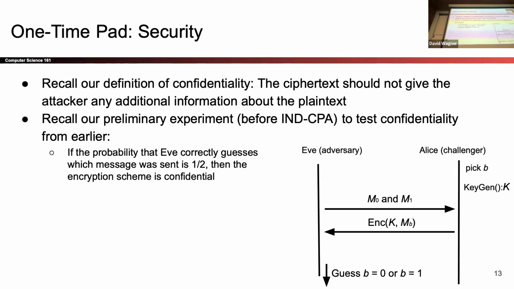Another way to do that argument, if that doesn't sound convincing, is for a 2-bit message. If I observe a ciphertext, there's a single key that would make that ciphertext consistent with M0. What's the value of that key? If the ciphertext is C, what key would decrypt C back to M0?